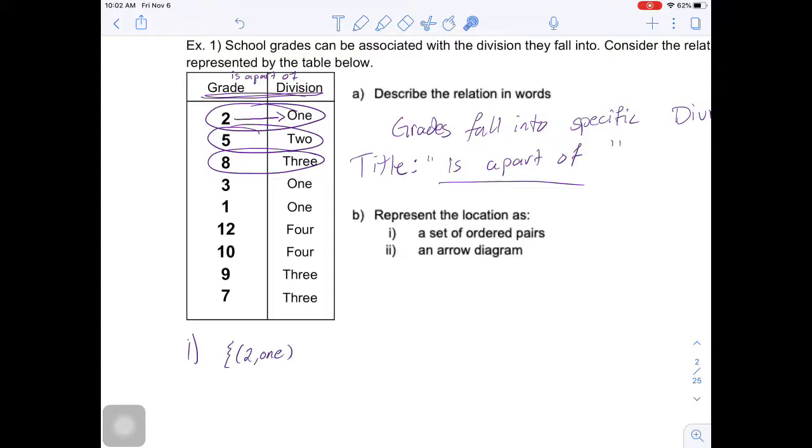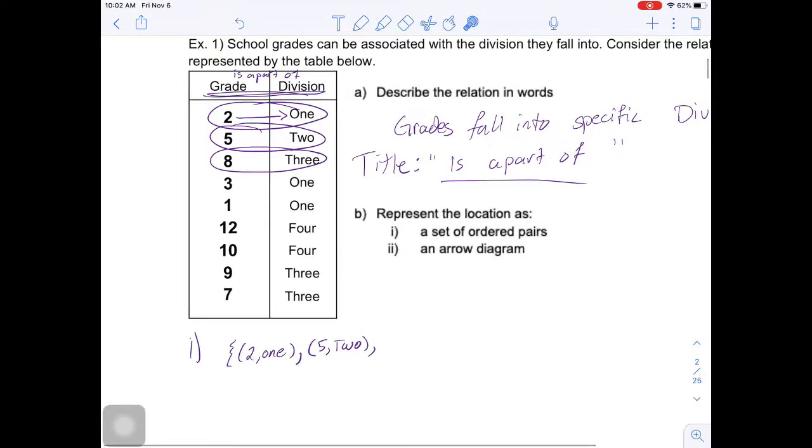So 2 and 1. My next set of ordered pairs would be 5 and 2. So I'm going to put a comma. And now my next ordered pair would be 5 and 2. Comma. And now I'm going to do 8 and 3. Okay, comma. And this is going to keep continuing. So 3 and 1, comma, 1 and 1.